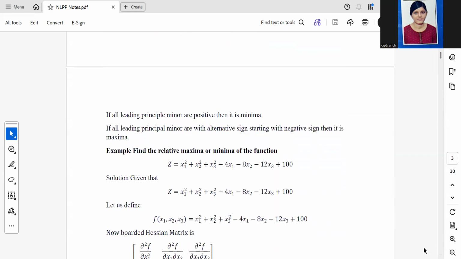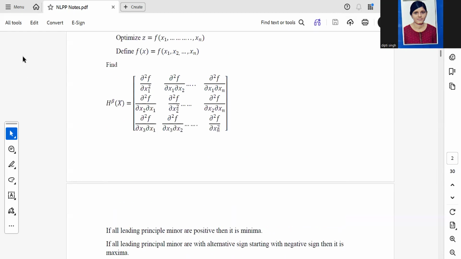If all the leading principal minors are positive, how do we calculate the leading principal minors? As you can see, this is an n by n matrix. The first leading principal minor will be of n times n.